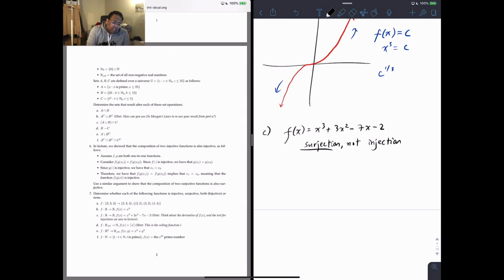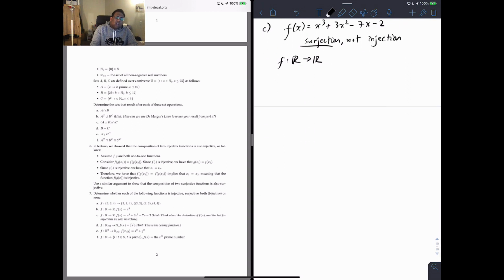If we're assuming that our domain and codomain are the reals, it's actually the case that every cubic polynomial, so polynomials of the form something x cubed plus and so on, is a surjection. The reason for that is because cubic polynomials will always extend infinitely in both the positive direction and the negative direction. And so that means whatever the real number output I want is, eventually the cubic function will hit it.